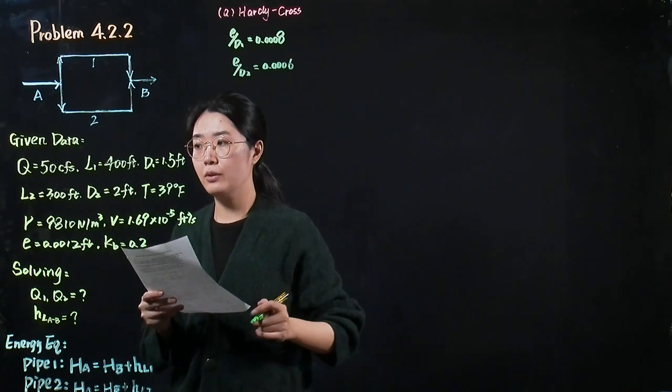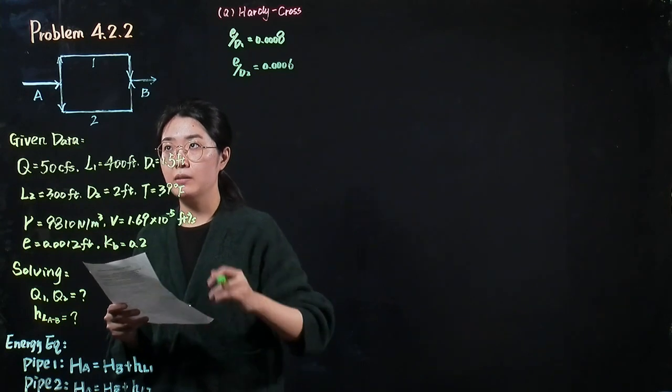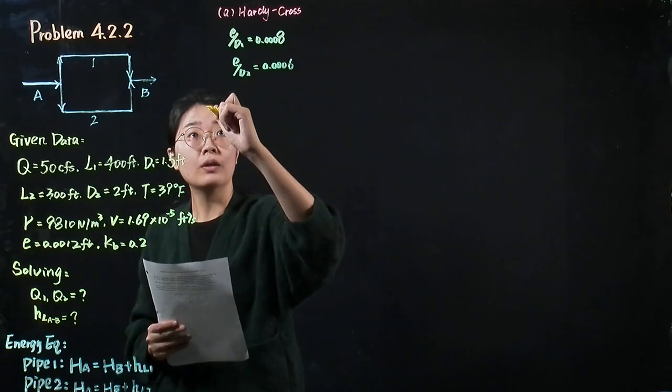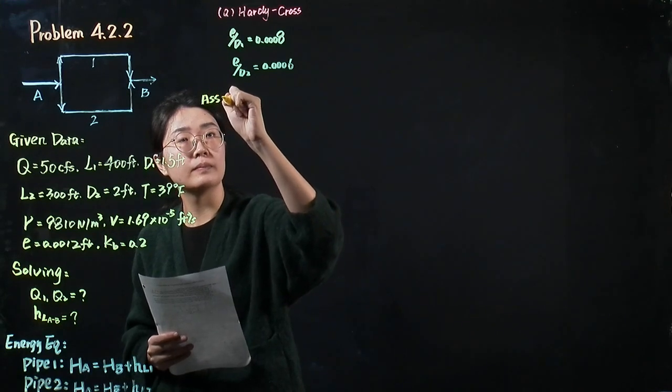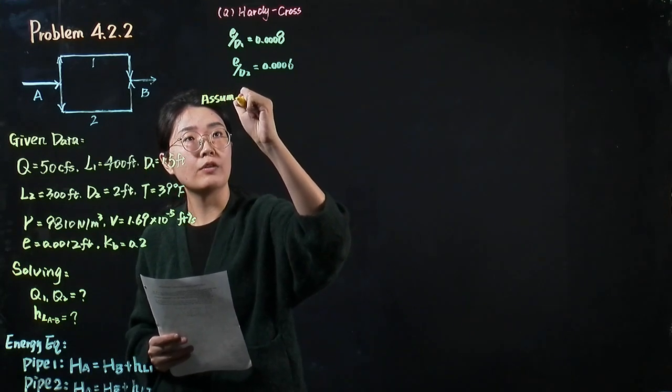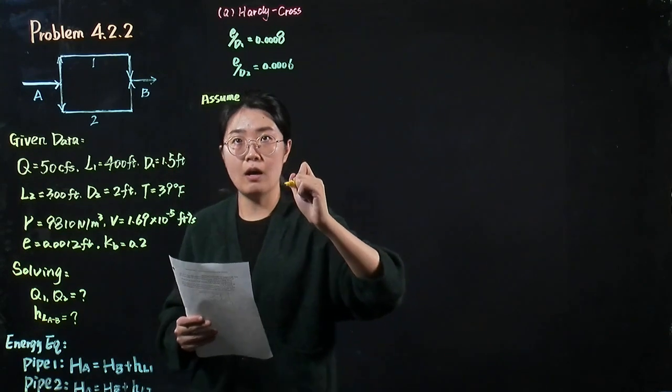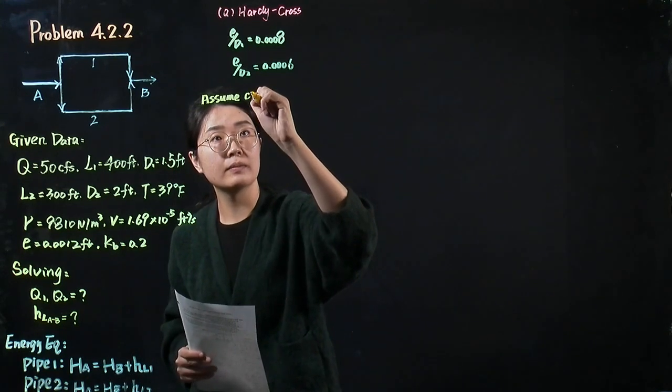Because we do not know the velocity in pipeline 1 and 2, we assume the flow in these 2 pipes is all complete turbulence.